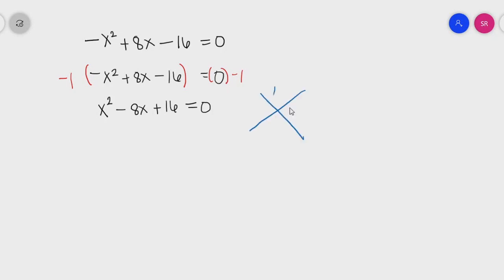So here, the product, which is 16 or positive 16, and the sum or our B, which is negative 8. And then I will just look for the factors of 16 that when added is negative 8. Since 16 is positive, posibleng parehong positive yung factors niya or parehong negative.